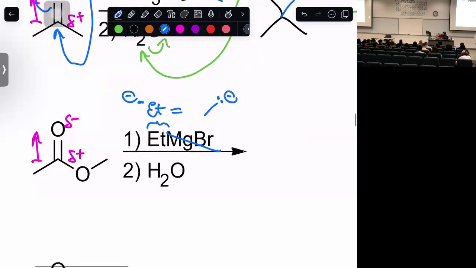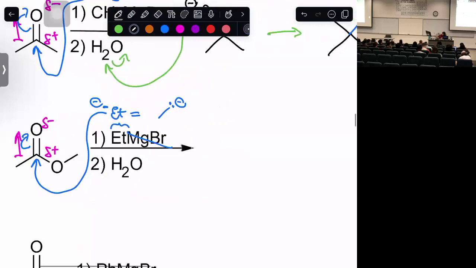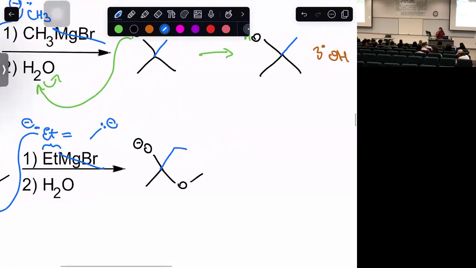Okay. So same process. We do the nucleophilic attack, we kick up the electrons. And now we form our intermediate, oxygen minus, and we just connected the 2 carbon chain. Okay, now what happens? The double bond on the oxygen reforms and the second oxygen is displaced.